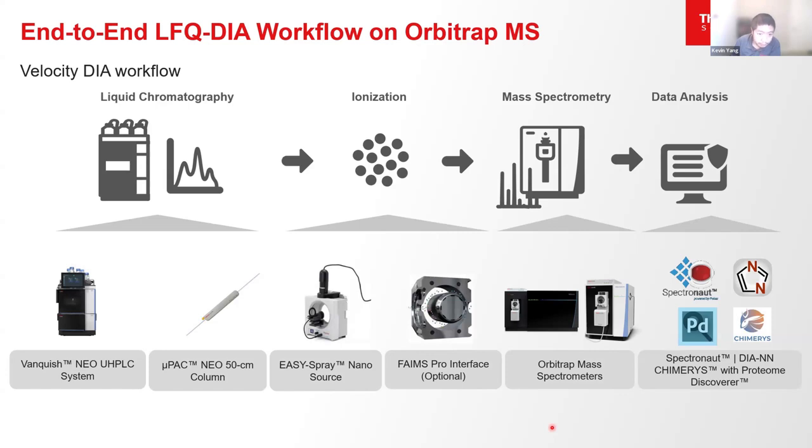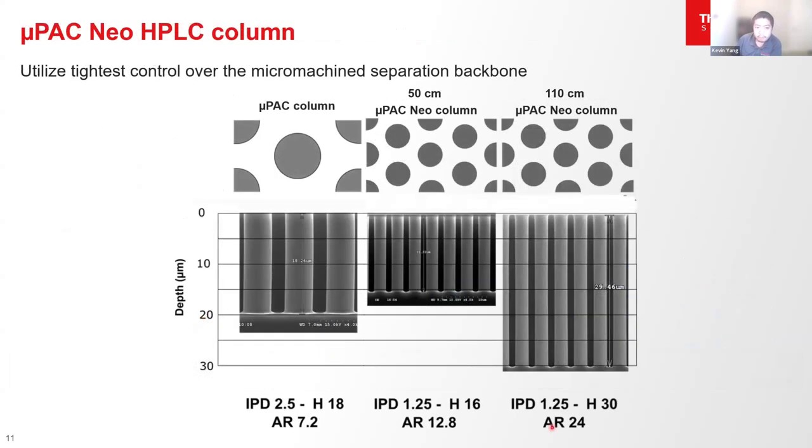There are a few components I would like to introduce a little bit more because you probably haven't used them before or you're not familiar with them. One of them is the MicroPak Neo HPLC column. This column has the material engineered as micropillars on the column.